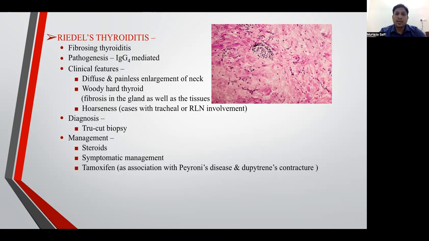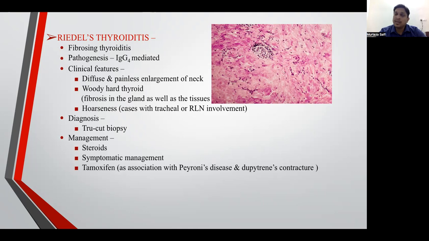Then there is a woody hard thyroid. Fibrosis, as we know, makes the tissue hard, in the gland as well as the surrounding tissues. Then there is hoarseness of voice in cases with tracheal or laryngeal nerve involvement.